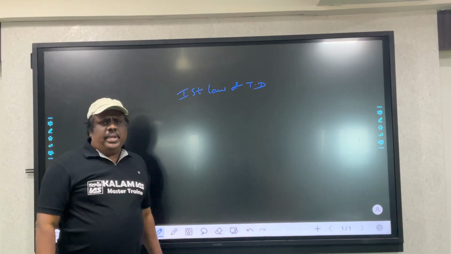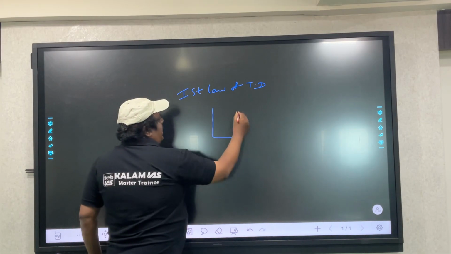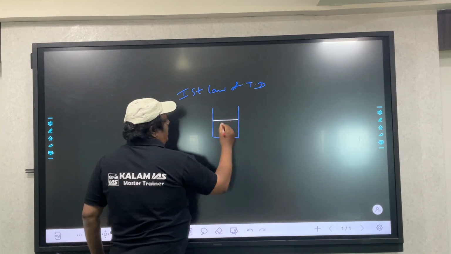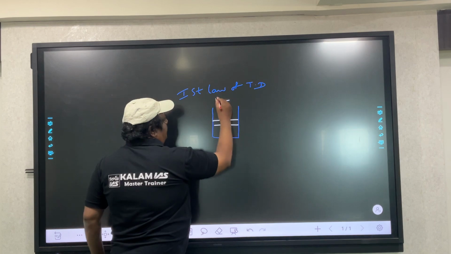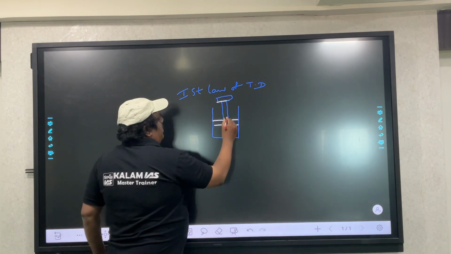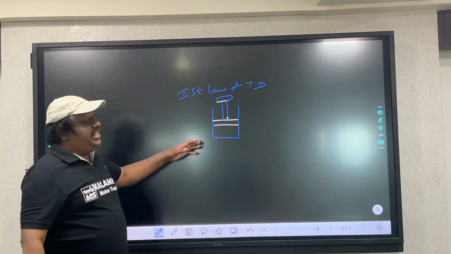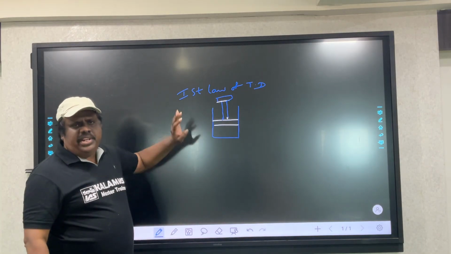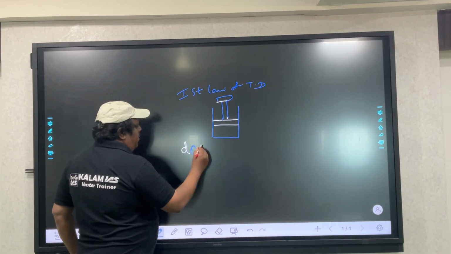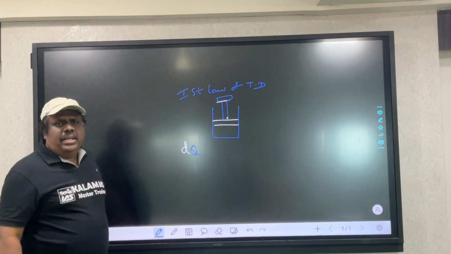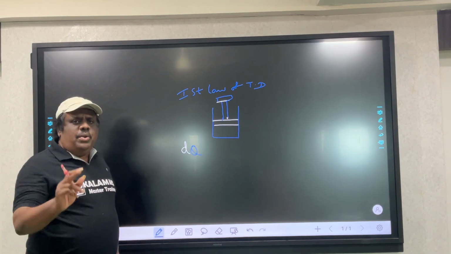First law states that, consider a system consisting of a tight frictionless piston. Suppose you supply some quantity of heat to the system. The quantity of heat supplied to the system will be denoted with dQ. The quantity of heat supplied to the system can do two things.